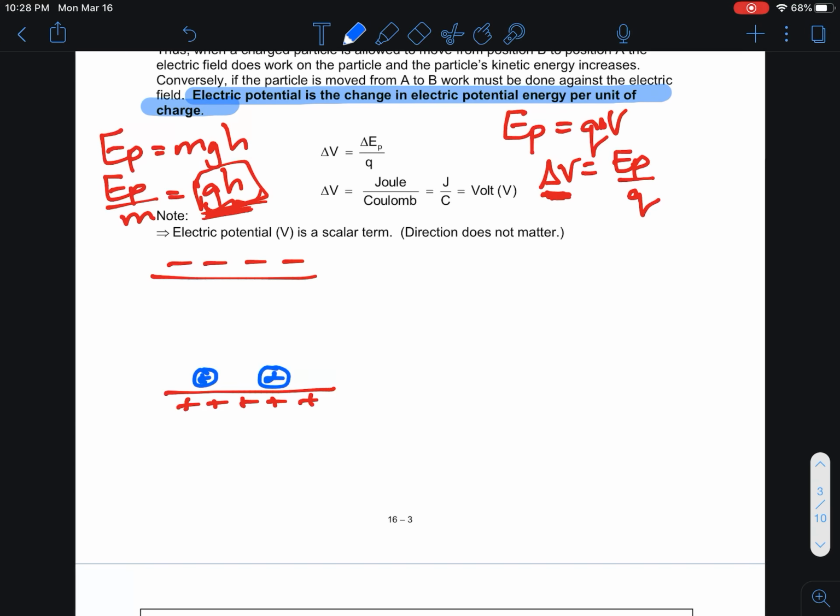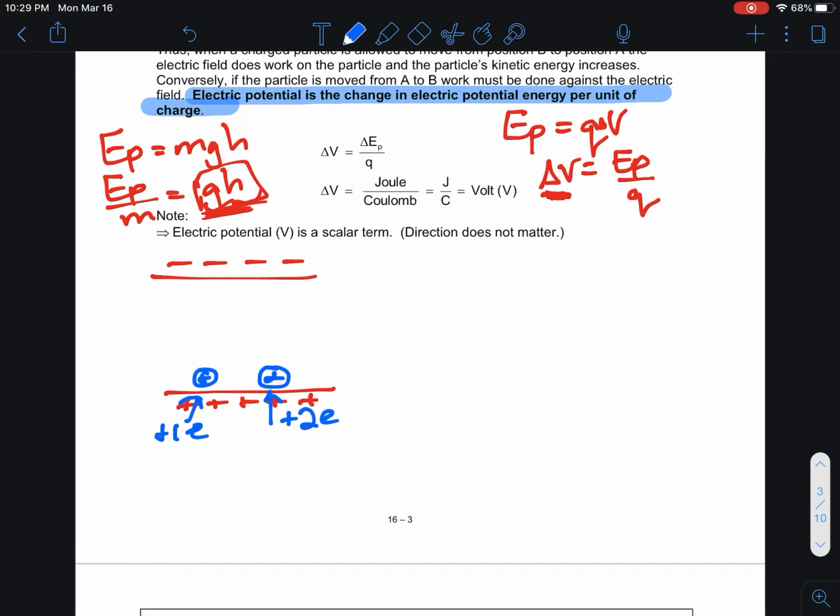Now, if you look on your formula sheet, the alpha particle has a charge of positive 2 elementary charges, and the proton has a charge of 1 elementary charge, and that is on your formula sheet. You need to look at them because I'm going to be using the term alpha particles quite a bit.